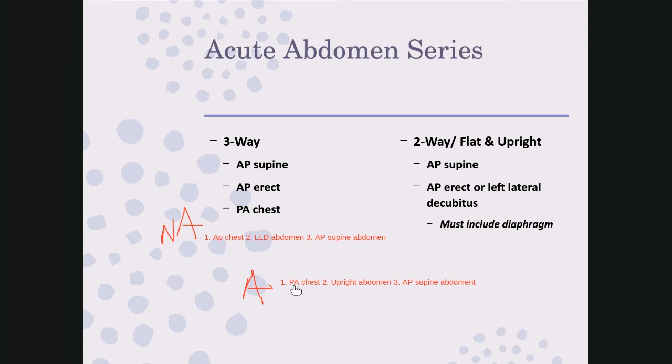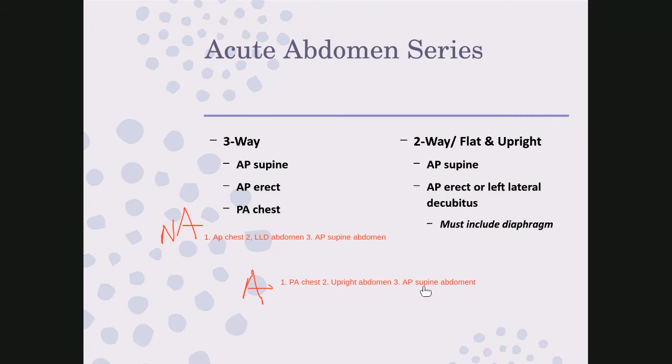Then we need an abdominal view that'll demonstrate the diaphragm to show air fluid levels. So if they're able to walk and talk, an upright abdomen would be ideal. If they're on a stretcher and they're not able to get upright, then the left lateral decubitus abdomen would be able to demonstrate the air fluid levels that we would need to show.